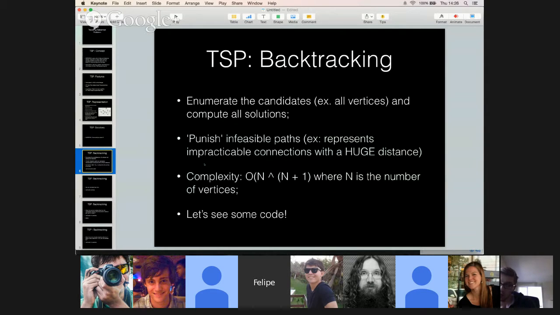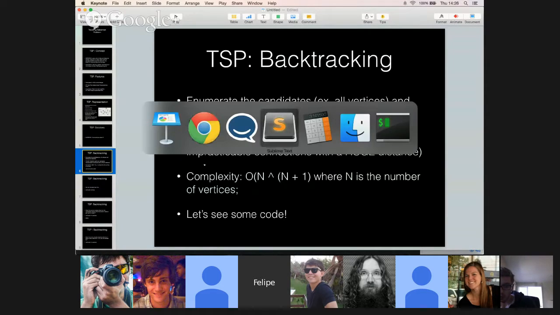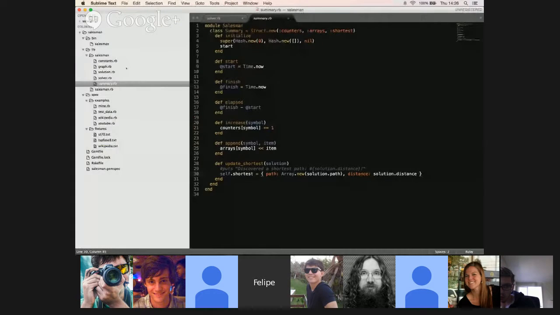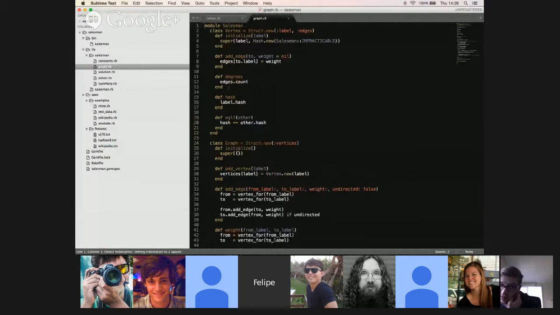I made a small solution to show this problem in practice. Are you seeing my text editor? Yes, it's Sublime. It makes me sad. Okay, so I created a small data structure to represent the graph. I chose to represent this graph using classes instead of adjacency matrices because it's easier to understand, but it's not better performance.